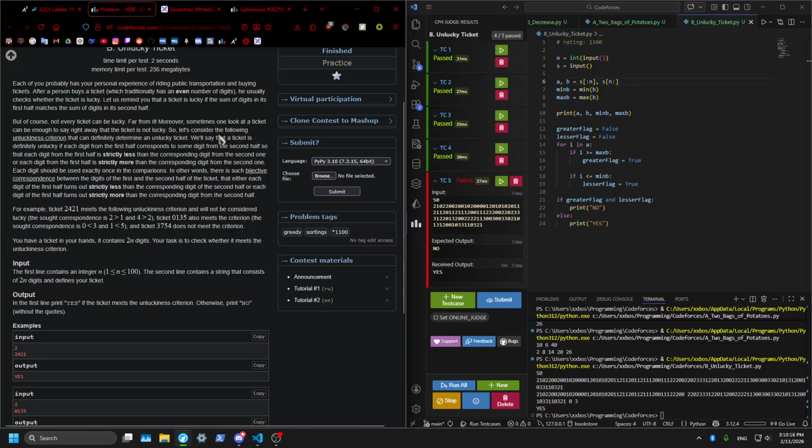Okay, so what does corresponding mean? This is the only thing that could be messing me up, because this code handles all the cases.